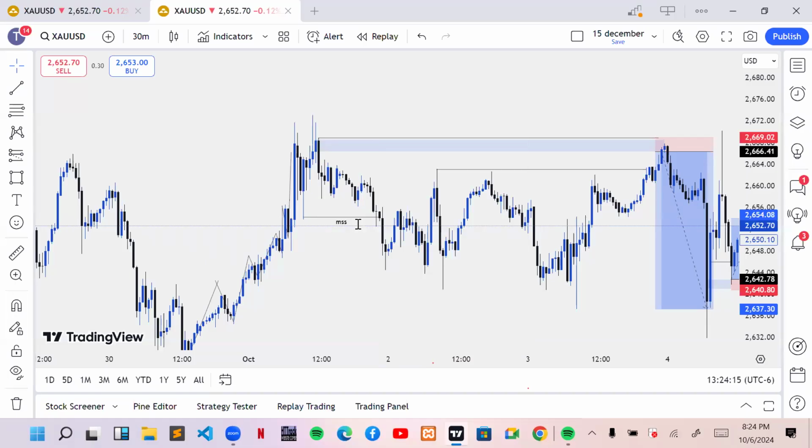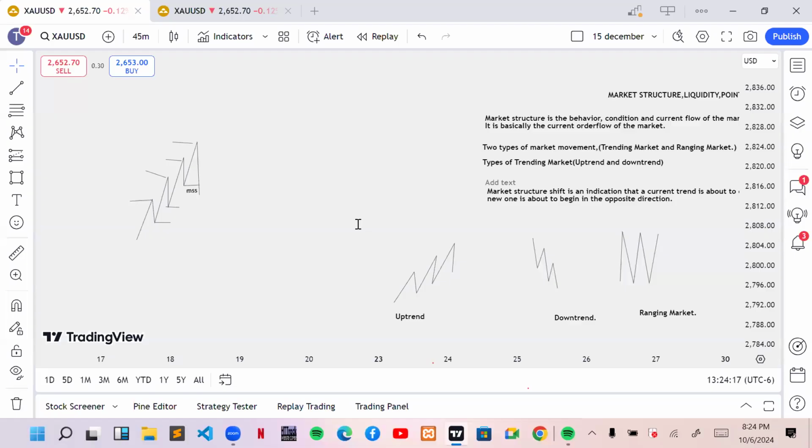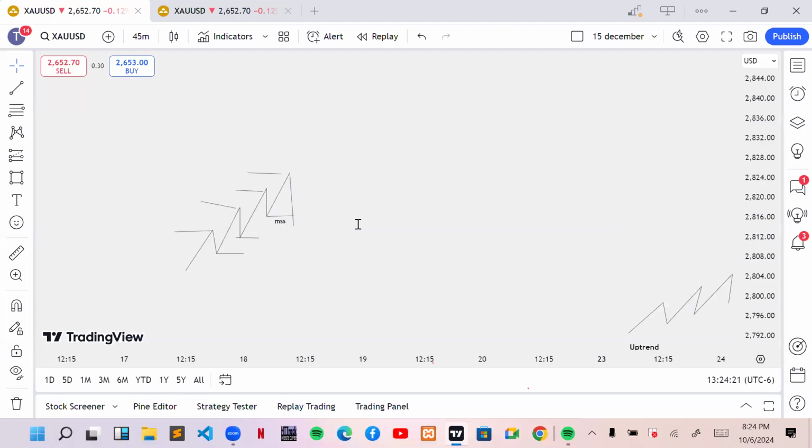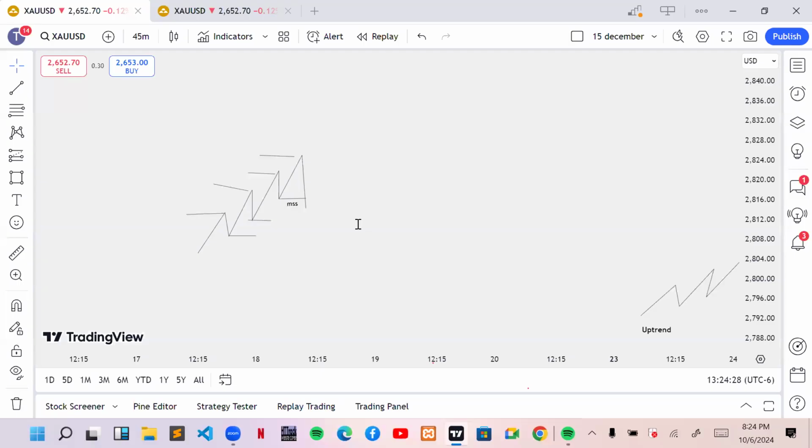So this is where the market structure shift is, same as what I marked out here. The market was on an uptrend, higher highs, higher lows, and then broke the last low and made a lower low. This has already turned the market from a previous uptrend to a downtrend. That is market structure shift.